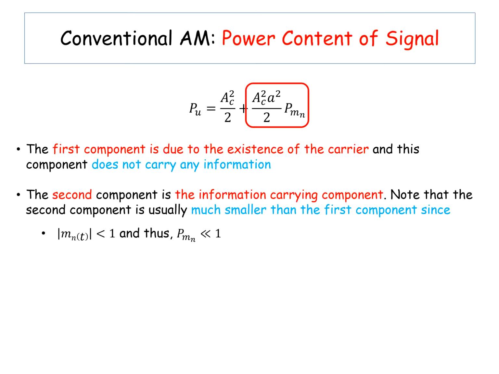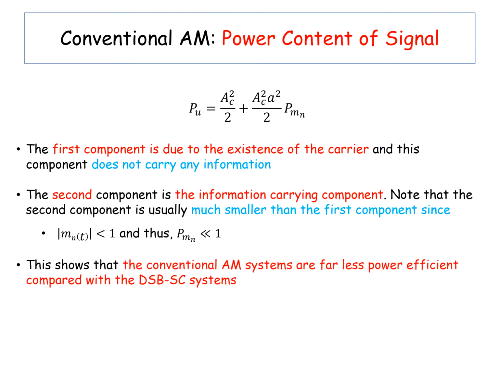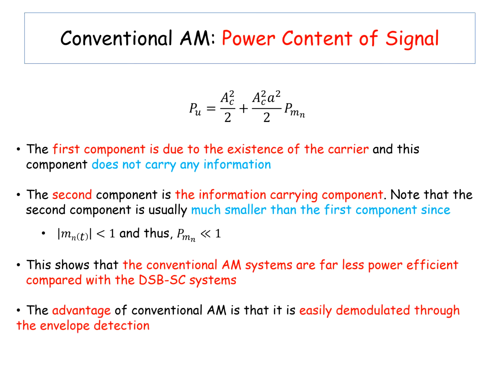However, it is much smaller than the first component, since the message signal is normalized. This shows that the conventional AM is far less power efficient compared to the double sideband suppressed carrier AM. The advantage of conventional AM is that it is easily demodulated through the envelope detection.